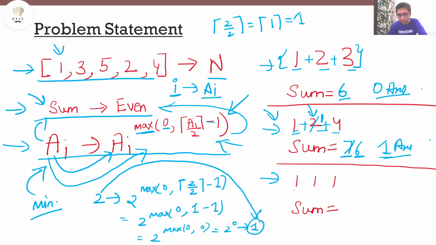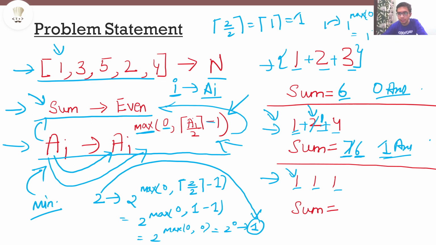Now moving on to the third case, we have triple ones. If I perform an operation on this one, I'll replace 1 by 1 raised to the power maximum of 0 comma ceiling function of 1 by 2, minus 1.